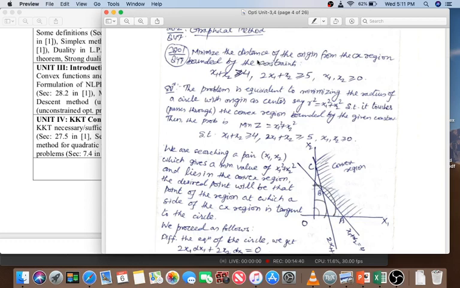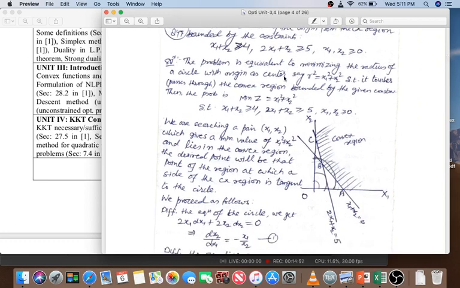You have to construct it: the distance between the origin and the convex region bounded by this. So I can say this problem is equivalent to minimizing the radius of a circle with the origin as center.